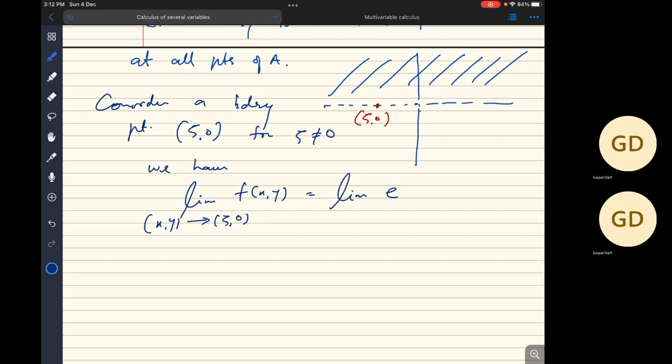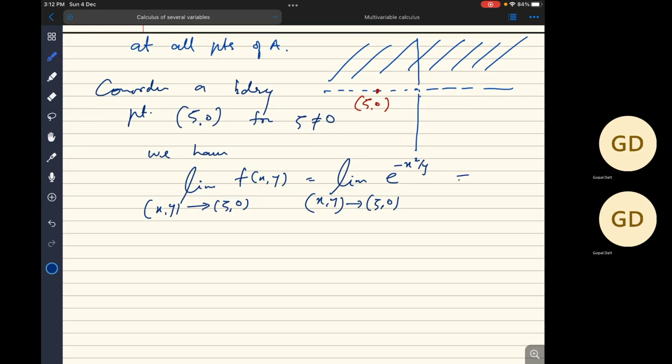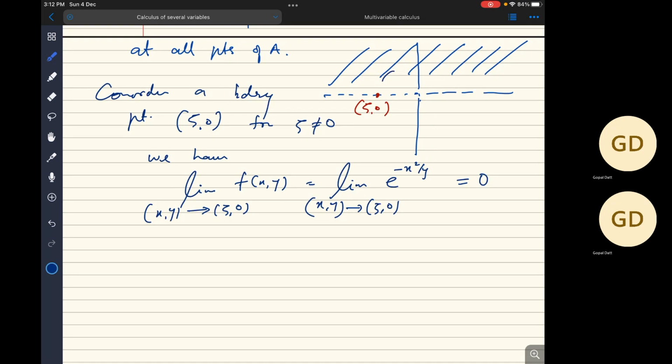So this would be e to the power minus x squared by y, as (x,y) goes to (zeta, 0). So it will go to 0. And this goes to 0 when y is positive, coming from the upper half plane and tending to 0. Correct? What about the origin?